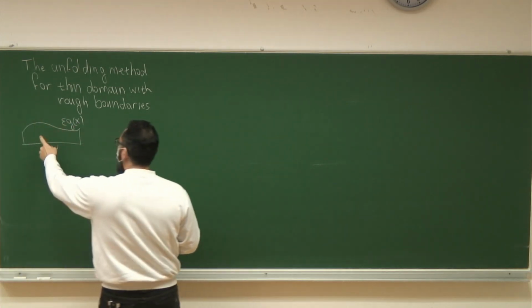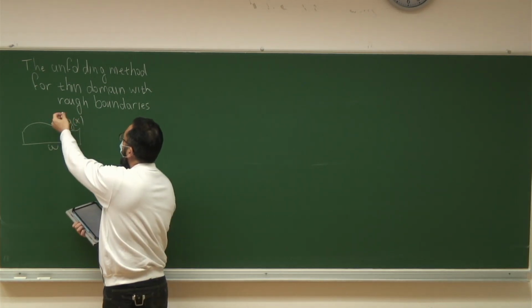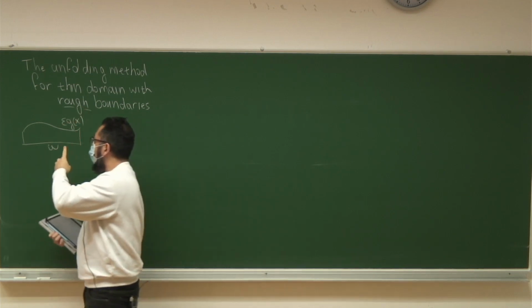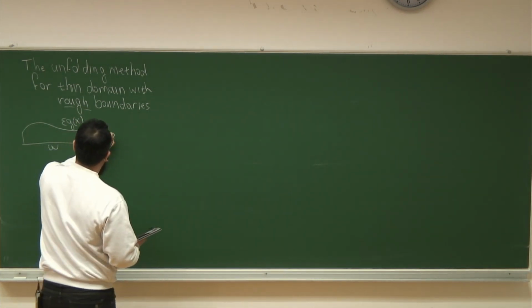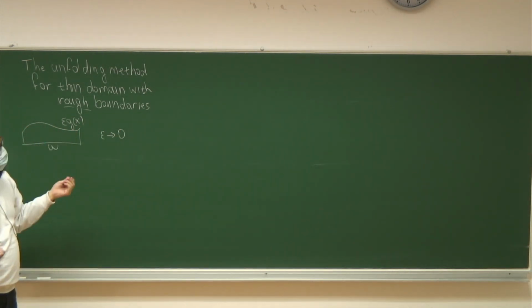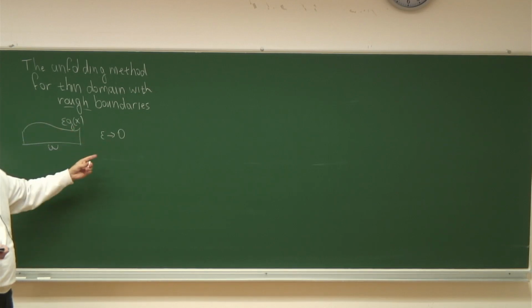But if you see in this example I gave, it's not exactly rough, which means that when this parameter epsilon goes to 0, the g function does not change. So what happens if this function g changes as epsilon goes to 0? That's the main point.